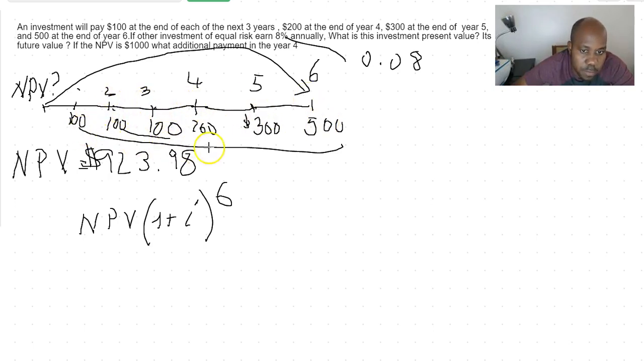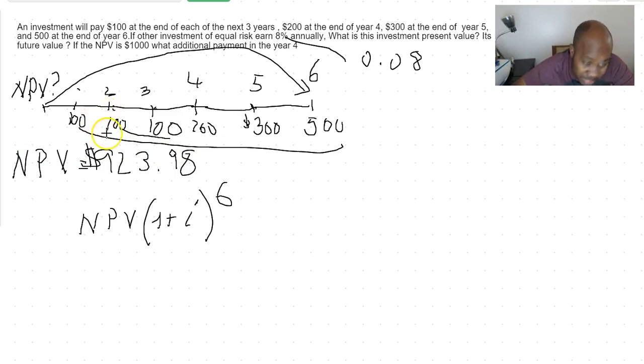So this is going to be after 5 years, and this is going to be after 4 years. That's another way to do it step by step if you want to find out the future value of all of this. But as you see, that's going to take more time.